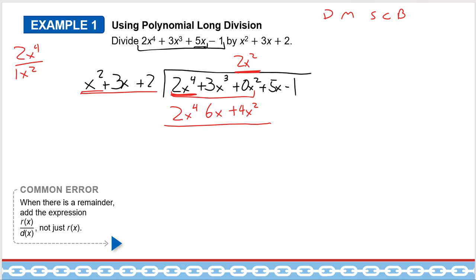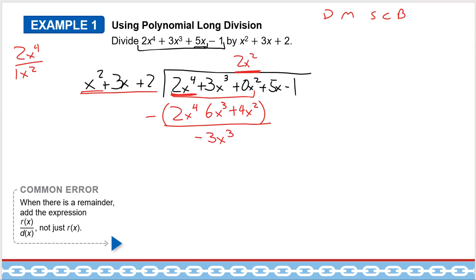I am going to subtract this. So this goes back to lesson 4.2 on polynomial subtraction. 2x to the fourth minus 2x to the fourth, these terms cancel. 3x to the third minus 6x to the third is negative 3x to the third.